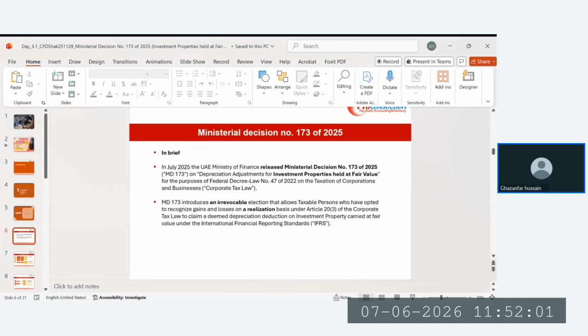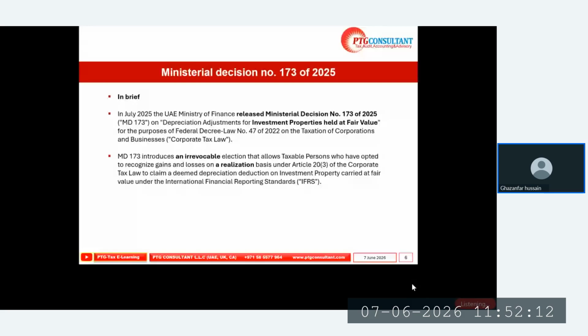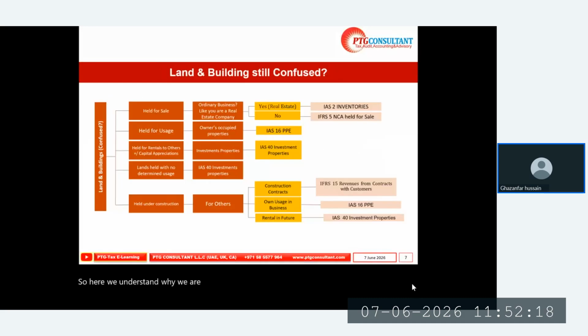Okay, let's continue the topic. Here we understand why we are looking for the tax depreciation.